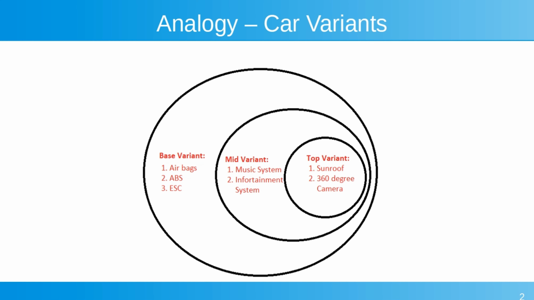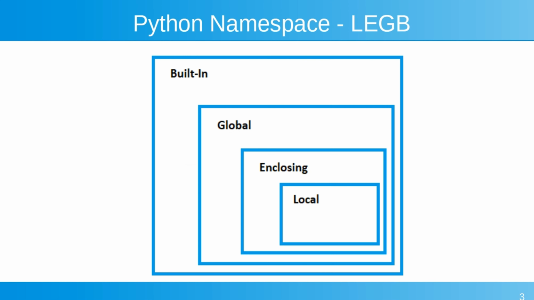The same thing is applicable to namespaces in Python or any other language. In particular, we are talking about Python. If you consider the built-in namespace, it will have some set of objects available in that namespace, so you will have access to that particular built-in object only.